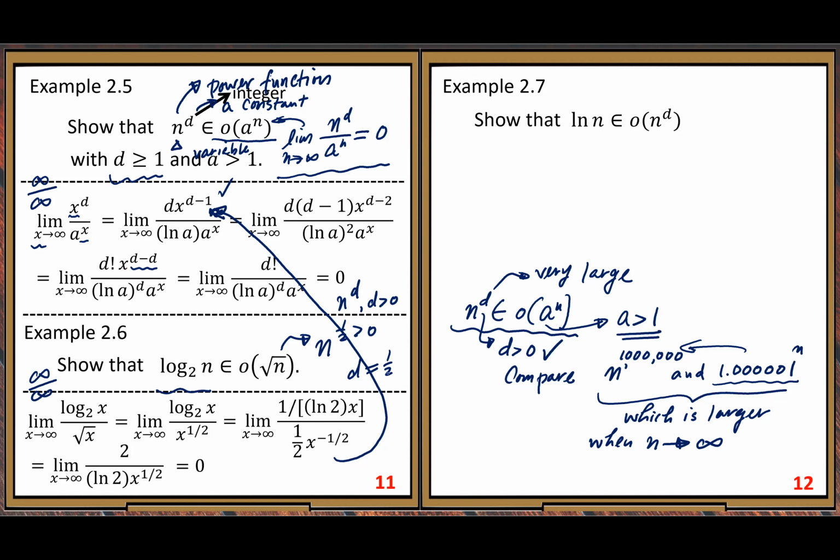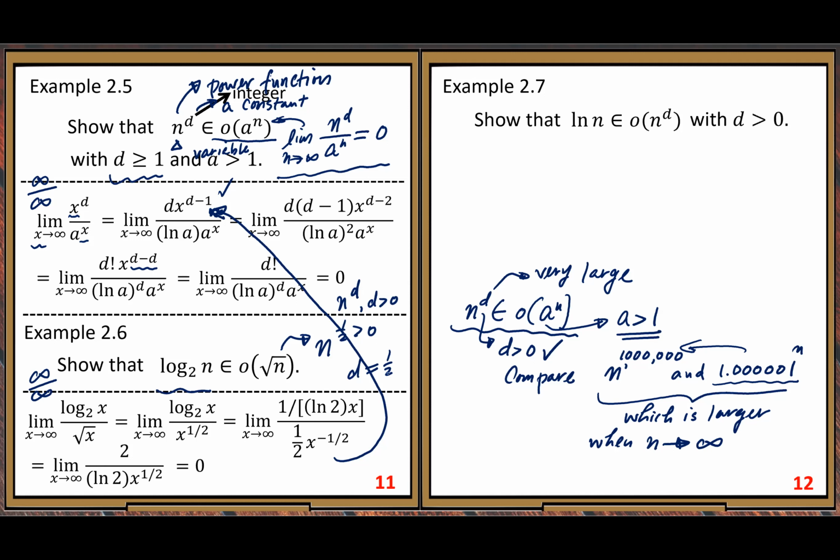Natural log is most convenient when we take derivatives. So ln of n belongs to little o of n to the d. This time, I only need d greater than 0. That's good enough.